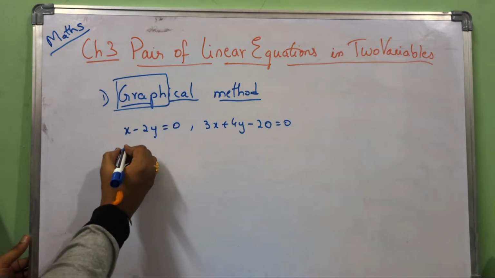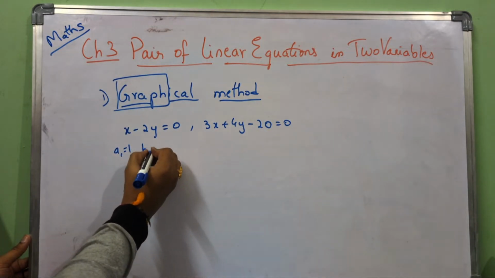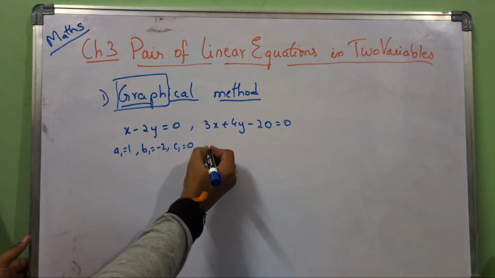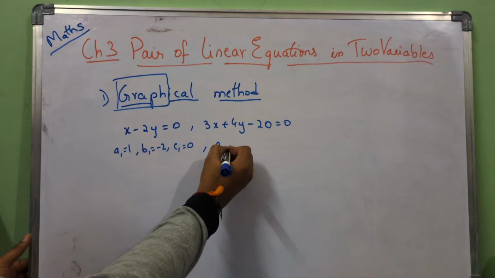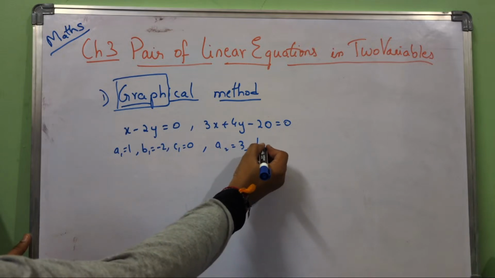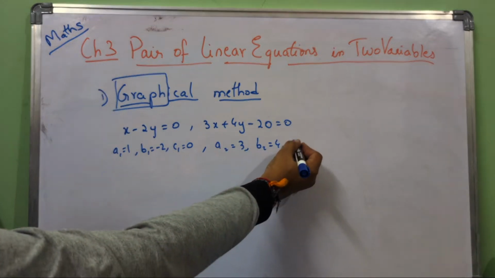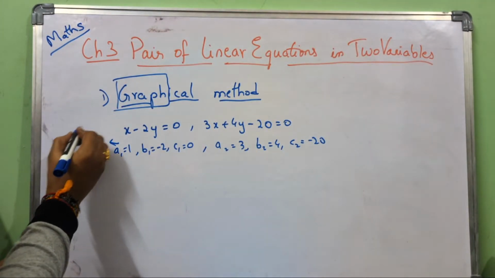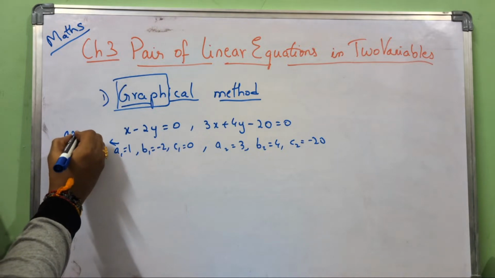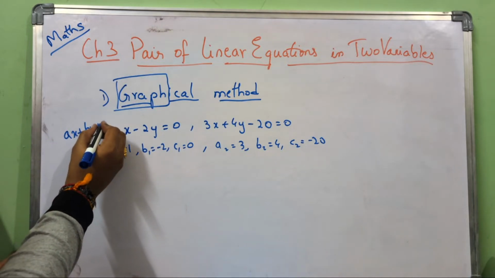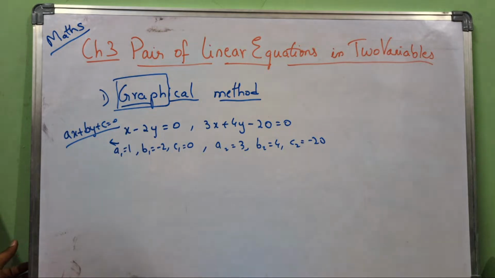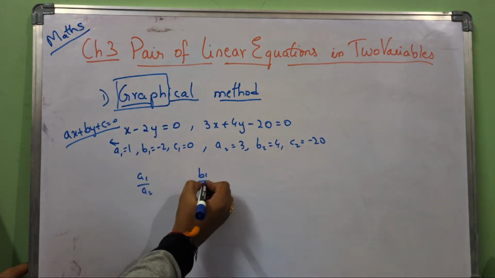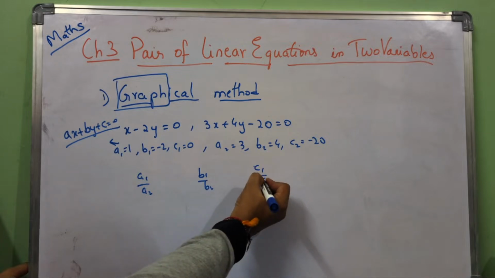The a1 value is 1. b1 is minus 2, c1 is nothing present so you consider it as 0, a2 is 3, b2 is 4, c2 is minus 20. We get this by comparing these equations with our standard equation, which is ax plus by plus c equal to 0. So now solve what is a1 by a2, b1 by b2 and c1 by c2.